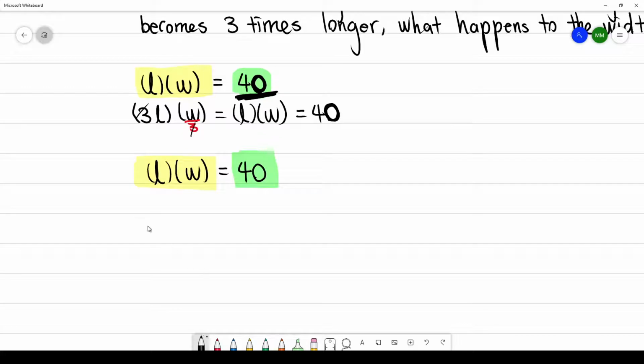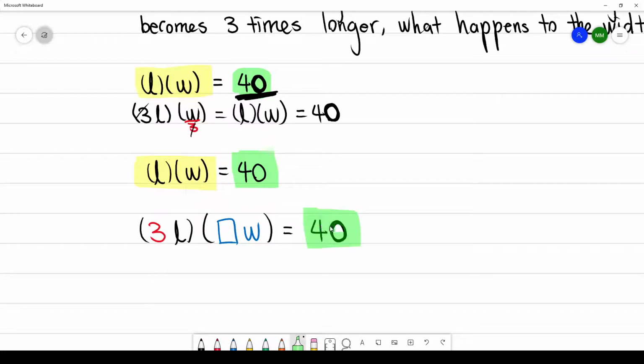So when you times something by 3, and then times some width, that is equal to 40. So when we substitute this in, 40 is the green.